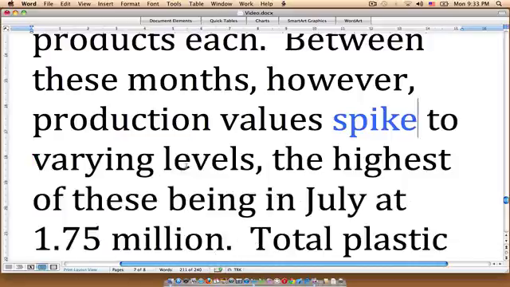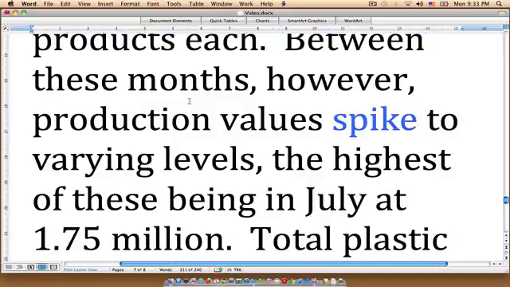The word dip would be to kind of decrease, and this kind of decrease, a dip, is not a major decrease, but it's also not a minor decrease. It would be kind of a middle decrease. So a dip in sales would be better than a plunge in sales.